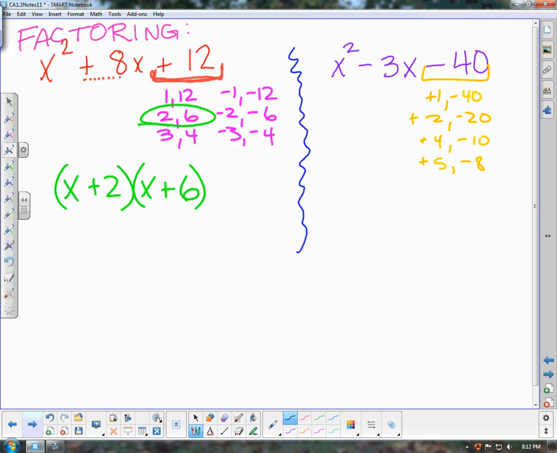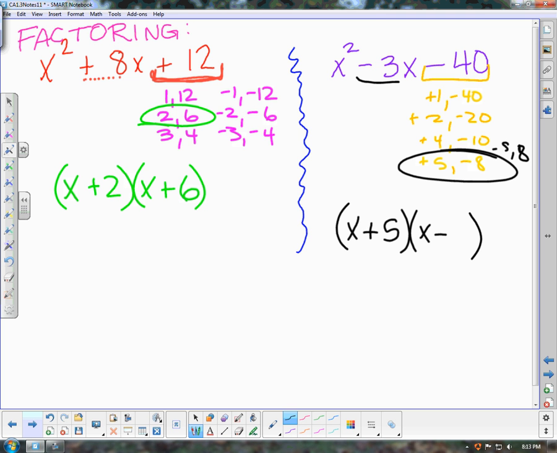And none of these get you to a negative 3 except for that one, and so that would be the correct choice. Now, had you listed a negative 5 and a positive 8, that's a positive 3, which is the opposite, which just means the negative sign has to be switched from one integer to the next. And so, because those are the two factors, you would have x plus 5 and x minus 8.